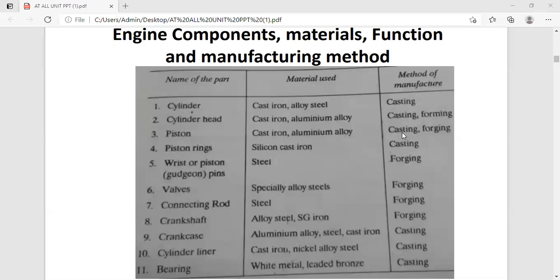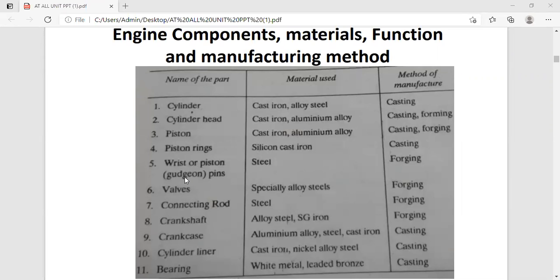These rings have oil grooves with several holes, so that the excess lubricating oil from the cylinder wall is drained to the hole in the piston, from where the oil is sent back to the oil sump. That's why the piston rings are made from silicon cast iron, and the casting method is used. So this is the piston and piston rings.